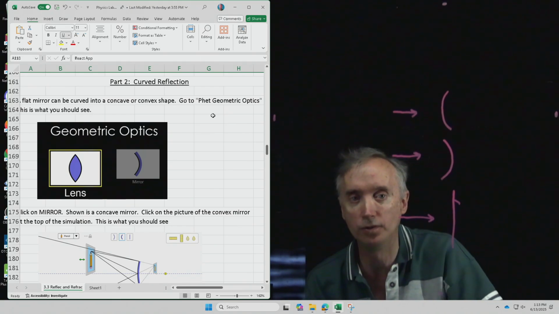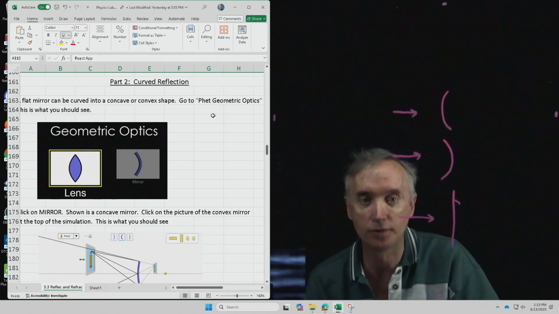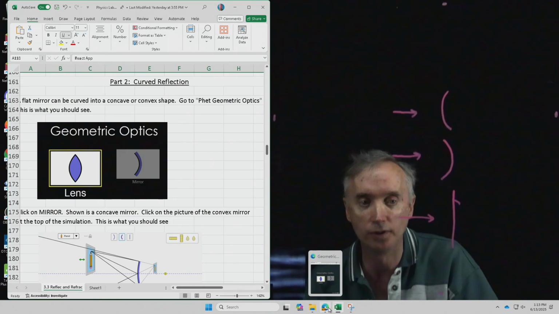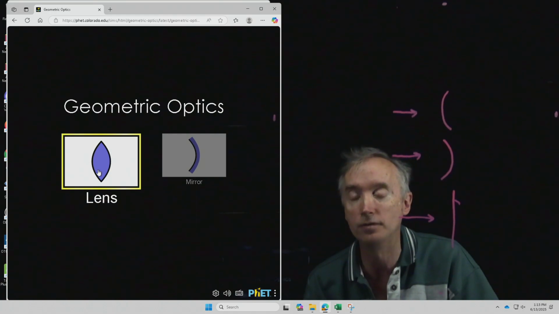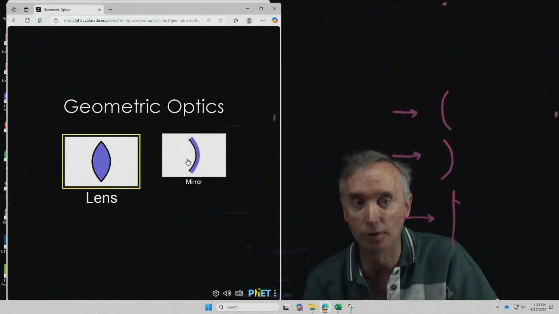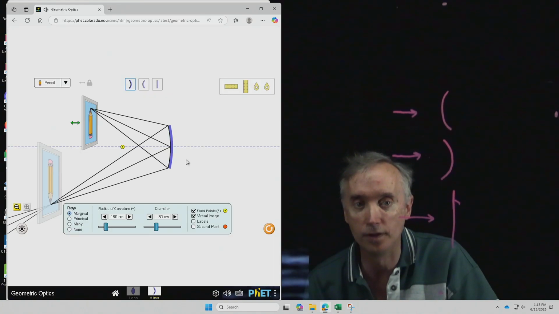So what we need to do is go to PhET Geometric Optics. When you do, you're going to see this thing here. Let's go to it. We don't want the lens because the lens is going to go with refraction. We want reflection, so we need a mirror. So we're going to click on the mirror. We got this.